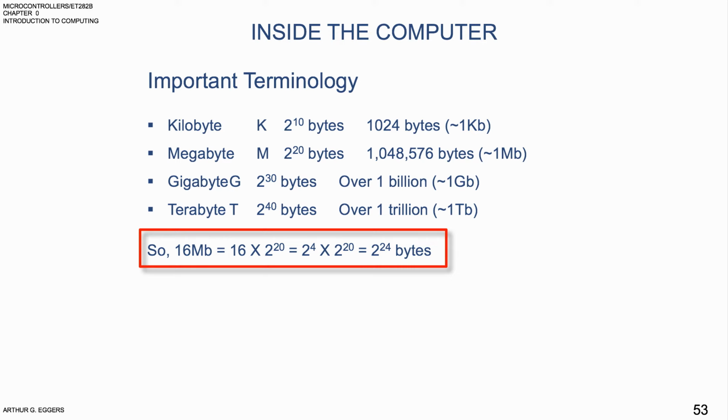That would be 16 times 2 to the 20th, or 2 to the 4th times 2 to the 20th, which is 2 to the 24th. Therefore, 16 megabytes is 2 to the 24th bytes. So you had to draw on a little bit of your algebraic skills there to see how the exponents are added.